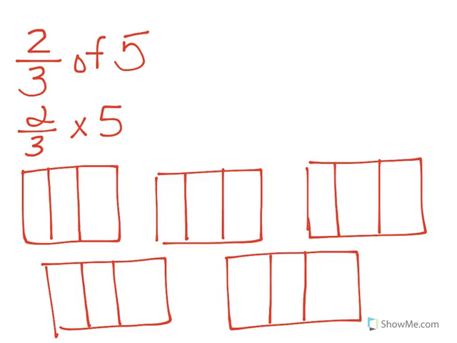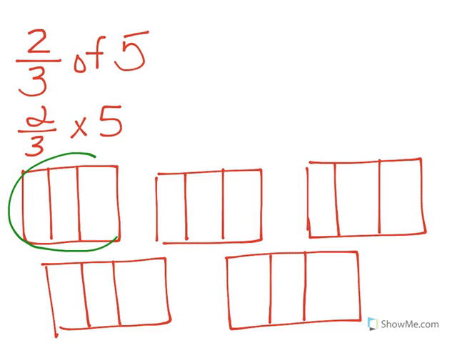So 2/3 of 5 is really 2 parts when I take those 5 rectangles and divide each of them into 3 equal parts. If we divide everything into 3 equal parts, and I'm going to get 2/3 of the 5 rectangles and someone else is going to get just 1/3, let's take a look at what it would look like.